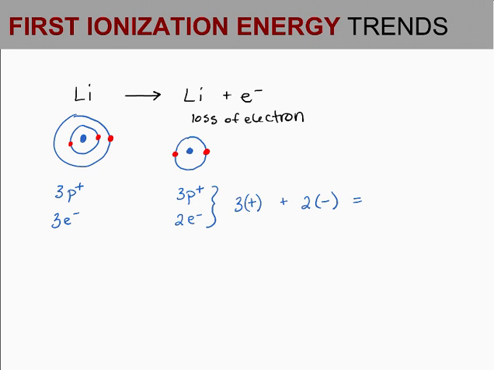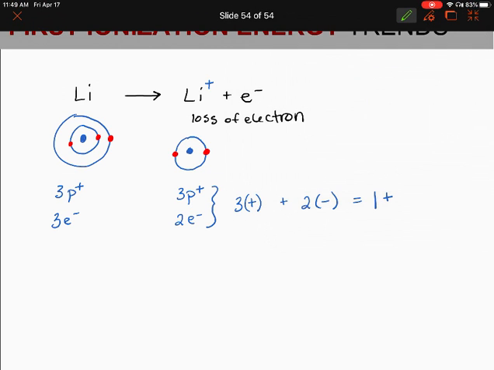So if the positive and negative charges cancel, we'll still have one positive charge left over. So we're actually going to add a little positive charge to our product lithium there. And that is called an ion.